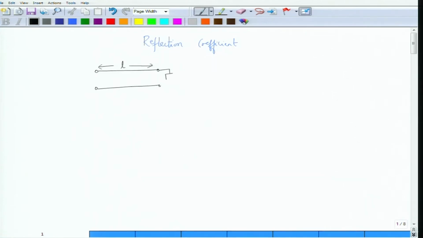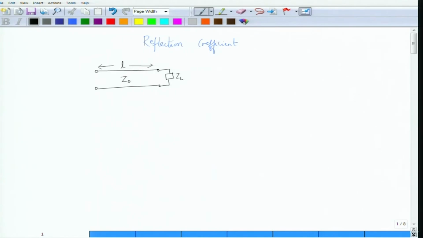To this transmission line you connect a load. The load could be complex, right? If the load is frequency dependent, as it would happen if you are exciting the transmission line with a sinusoidal signal, for that frequency the load might be inductive, capacitive, conductive or resistive. So you will have ZL typically to be a complex number, and let us assume that Z0 is the characteristic impedance of the transmission line, and for all the cases that we are going to consider, we will be considering a lossless transmission line.